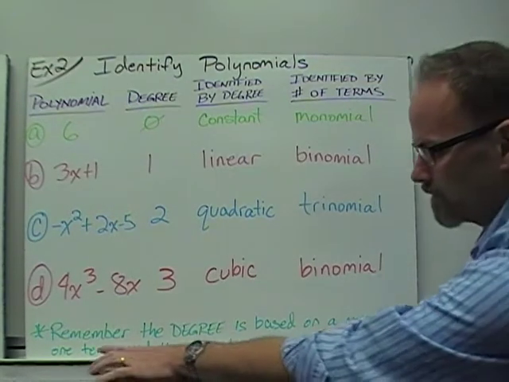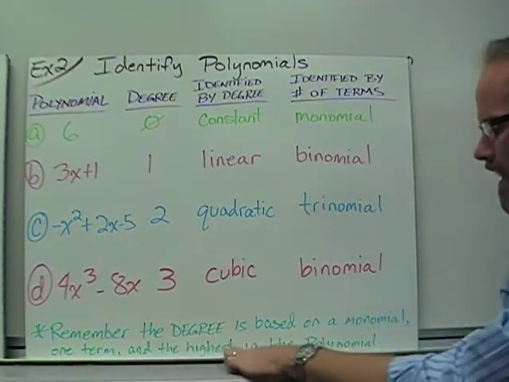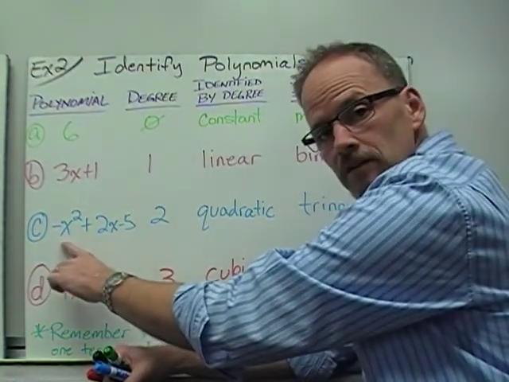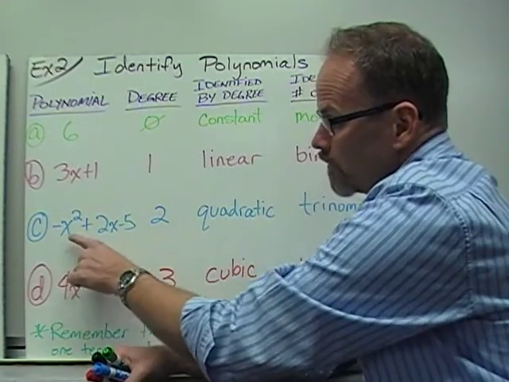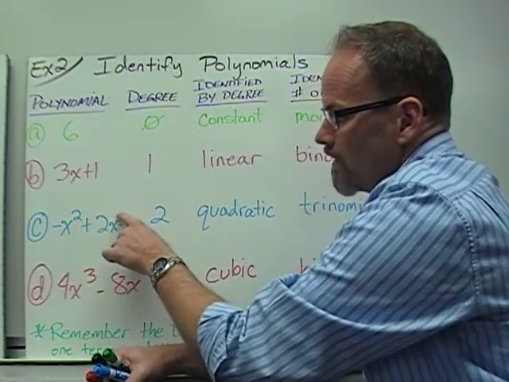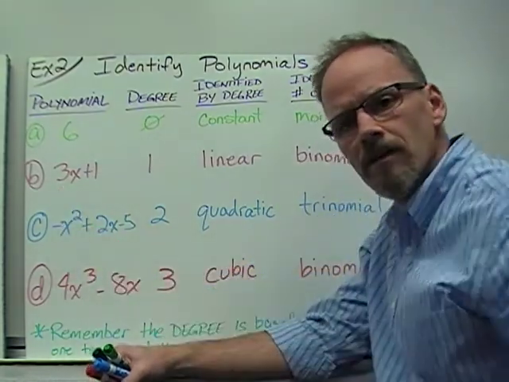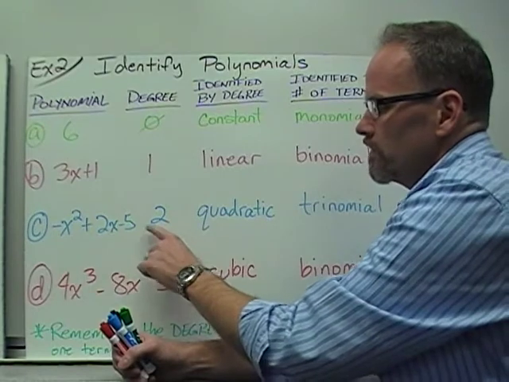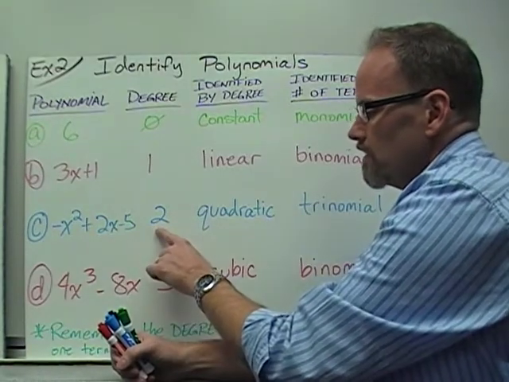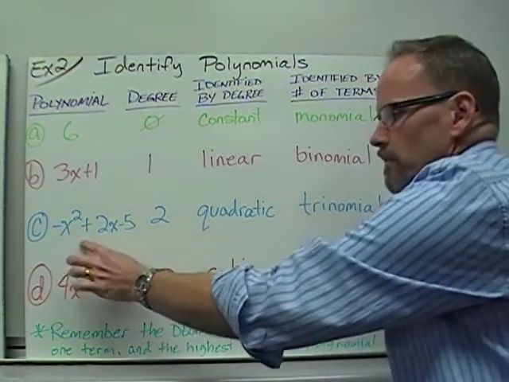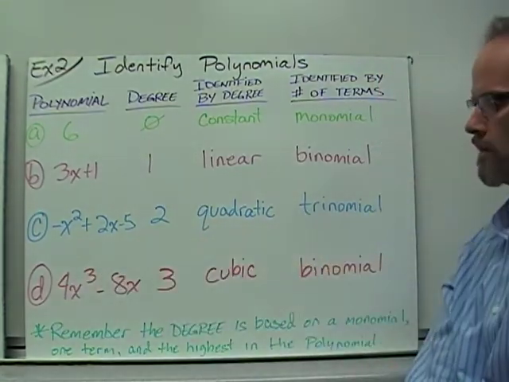It's based on one term, the highest in the polynomial. So the highest degree monomial in here is this negative x squared. That exponent is higher than that one. Therefore, he gets all the credit. He gets the name. He gets the identification. So this is a second degree, known as a quadratic. Also, because of the 3 terms, known as a trinomial.